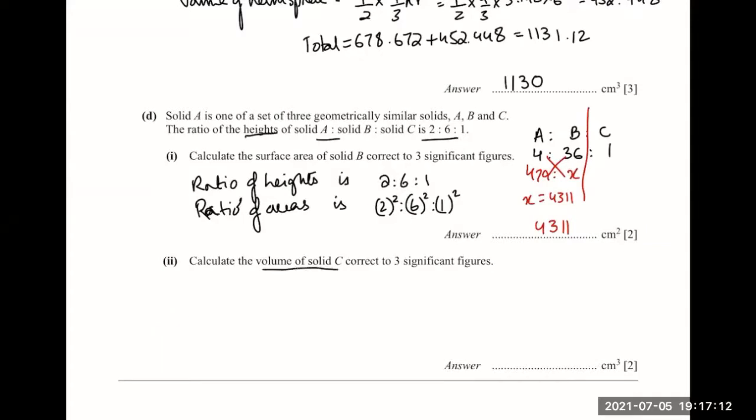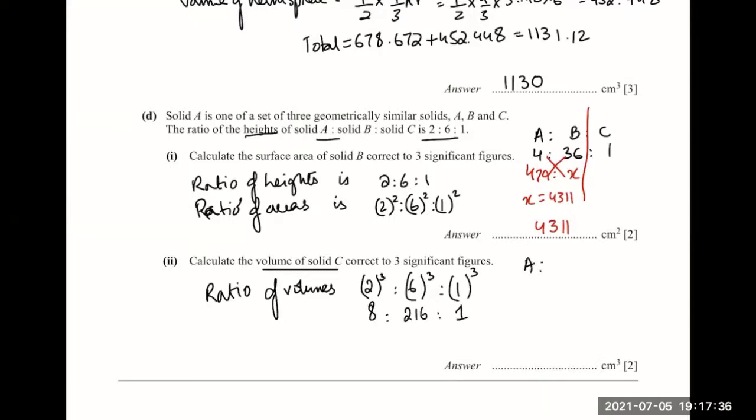Then it says calculate the volume of solid C. What must be the ratio of volumes? The ratio of volumes is 2 cube to 6 cube to 1 cube. I get 8 to 216 to 1.